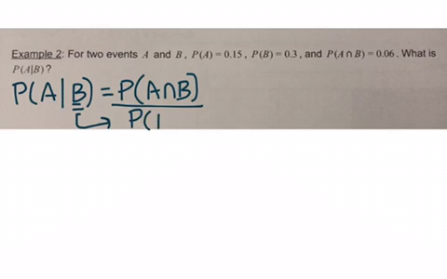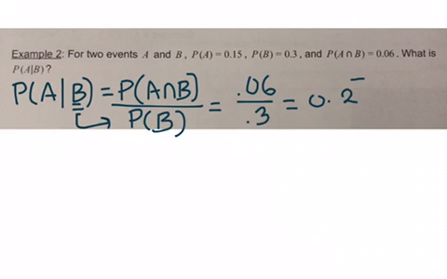So we want the probability of B on the bottom, and the probability of A intersect B on top: 0.06 divided by 0.3. With a calculator, you get 0.2. So 0.2 is our probability of A given B.